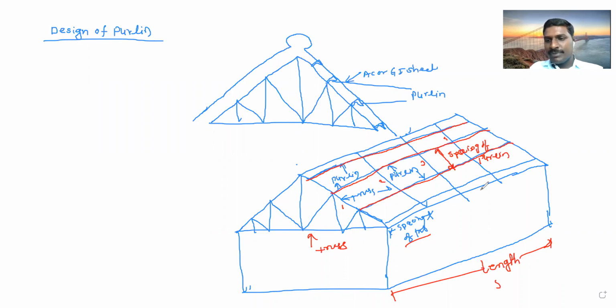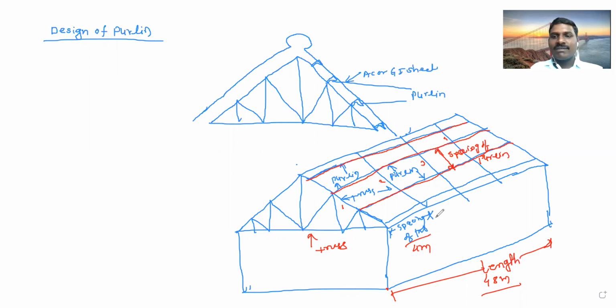If this length is 48 meters and this spacing is 4 meters, how many trusses are required? The first truss is at this point, then we have to provide a truss at a 4 meter interval.